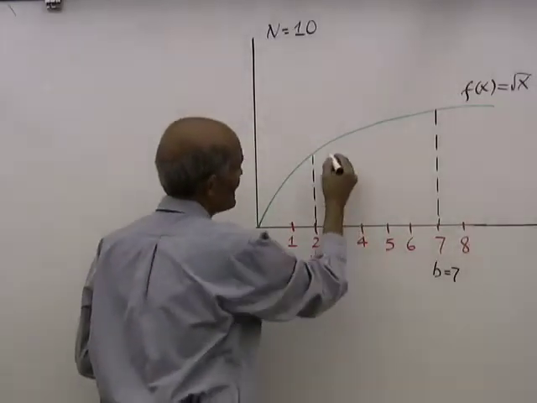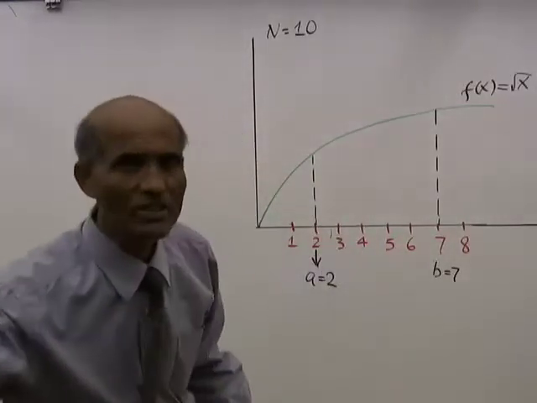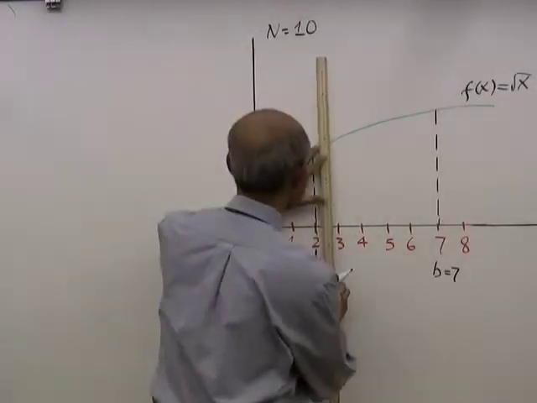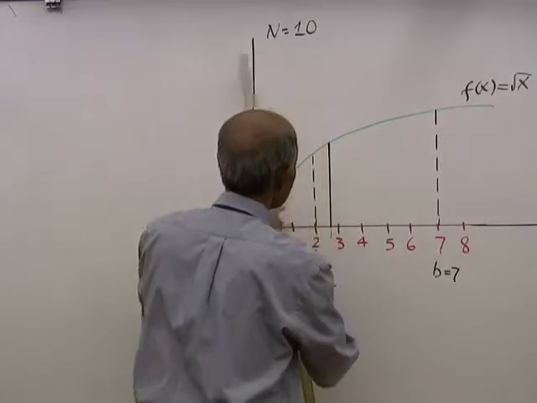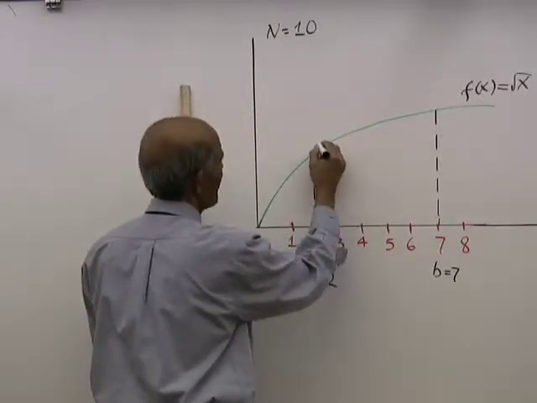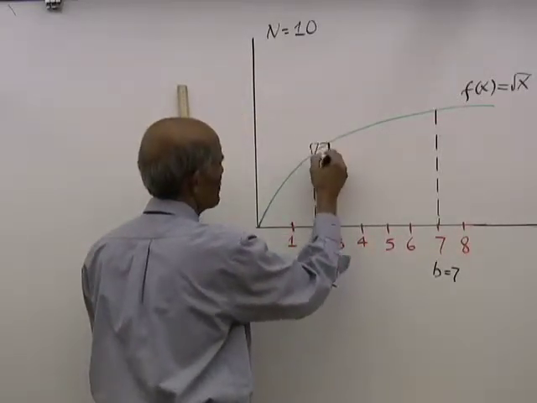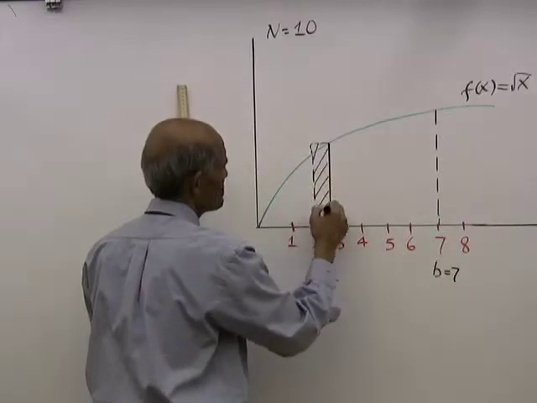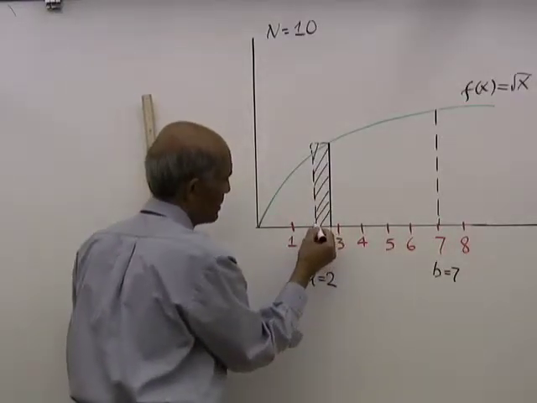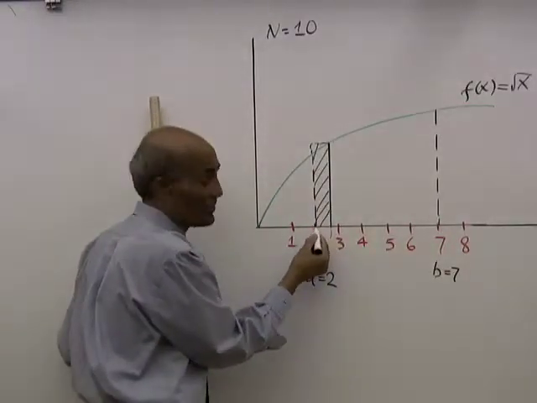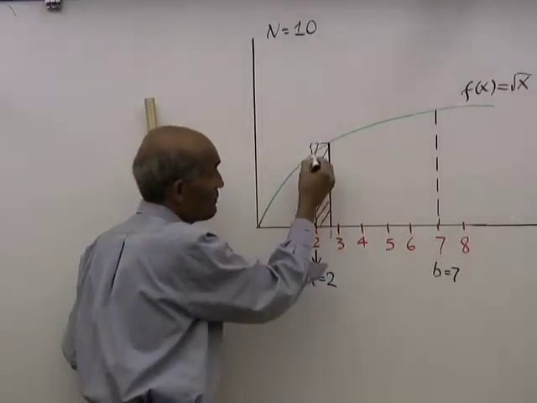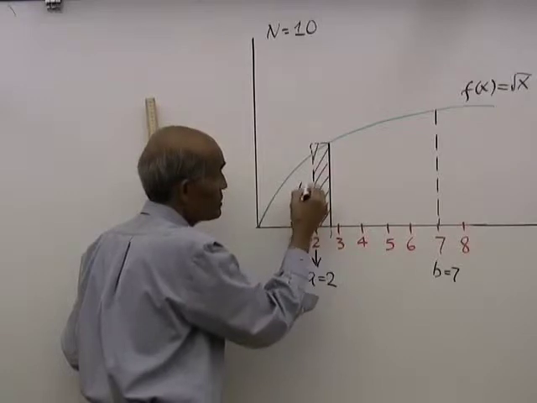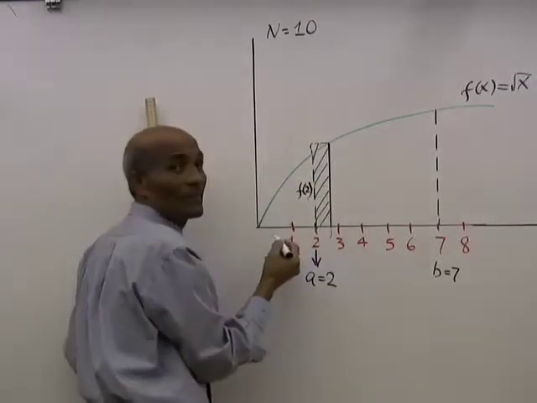Now, let's take the first rectangle. I'm going to construct just one rectangle, and this is the first rectangle. This is the area of the first rectangle. Remember, this is x equal to 2, and therefore this height is f of 2.